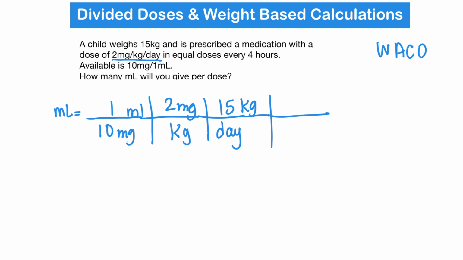And let me cross out here and see what I've got so far. Okay, doing good, but my problem is not per day, it's per dose. So I need to convert that day into hours. So 1 day is 24 hours, and I'm giving it every 4.